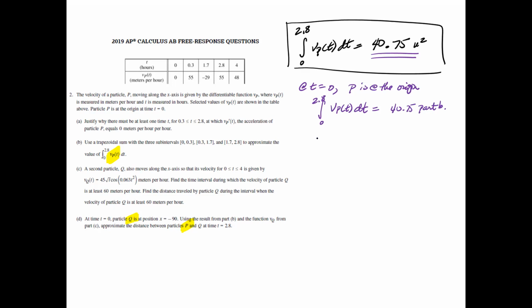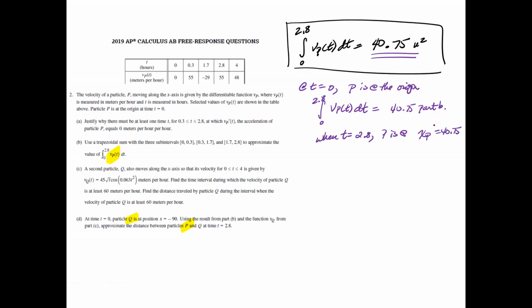So therefore, when t equals 2.8, P is at the position x of P. Because remember, in order to get to x of P, which is a position function, the integral of v of P of t is going to give you 40.75.